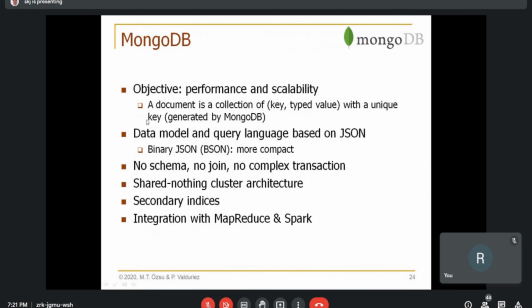The objectives are performance and scalability. A document is a collection of key-type-value with a unique key generated by MongoDB. Data model and query language are based on JSON, binary JSON, BSON, most compact. No schema, no join, no complex transaction, sharded access and integration with MapReduce and Spark.